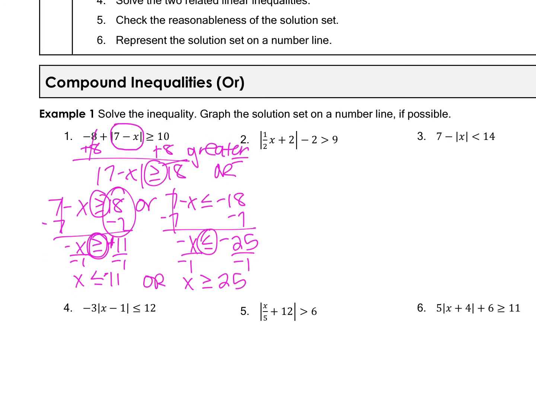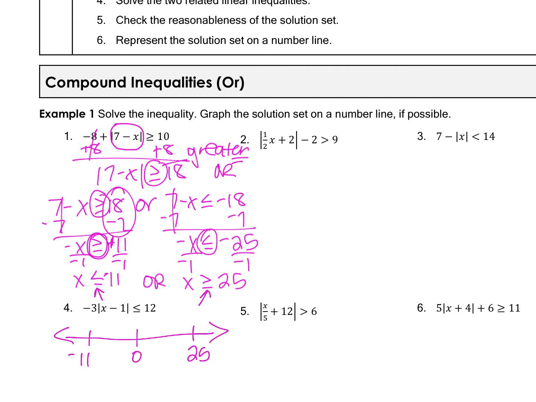So we're going to graph it on a number line. I kind of ran out of room here. I want you to plot your 0 in the middle, and then your -11 on the left of that, +25 on the right. Anytime we're dealing with inequalities, make sure you look at your inequality. If it's equal to, it's a closed point.